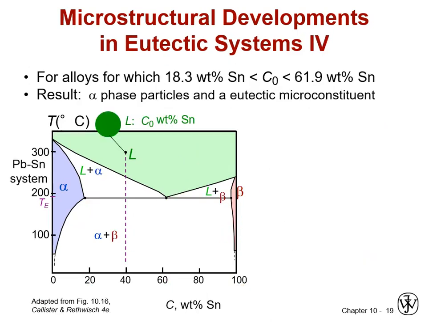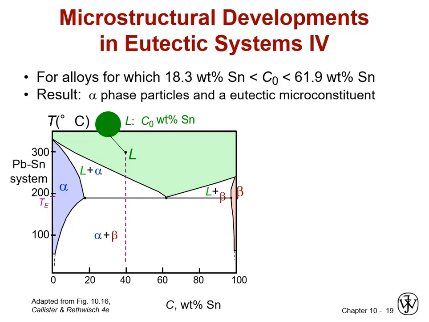Okay. Well, what if we have halfway in between? What if we're not right at the eutectic composition, but we're going to hit the eutectic tie line at the eutectic temperature? By the way, you only hit the eutectic tie line at the eutectic temperature because, being a tie line, it is isothermal. So only one temperature, TE.